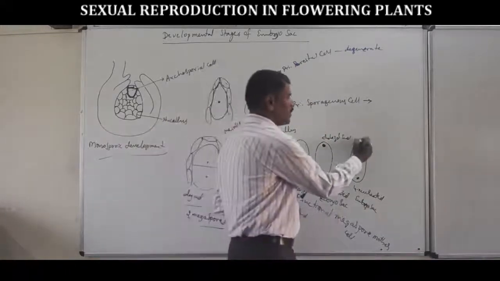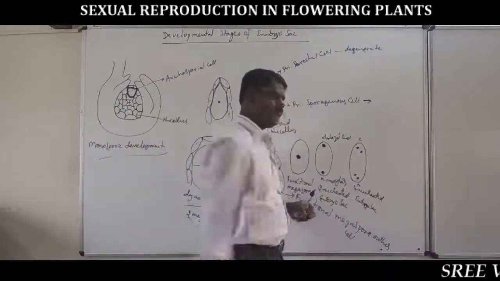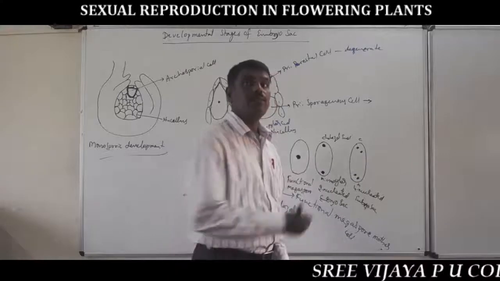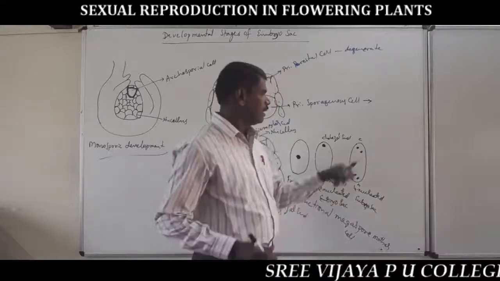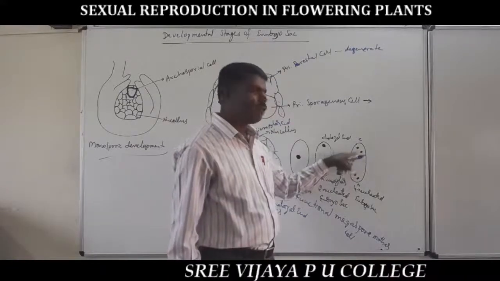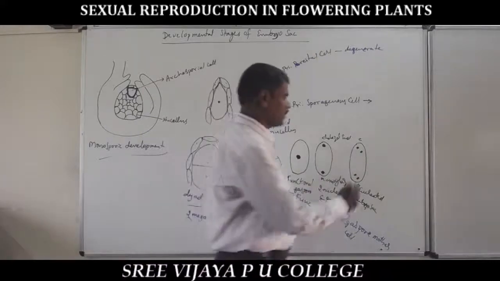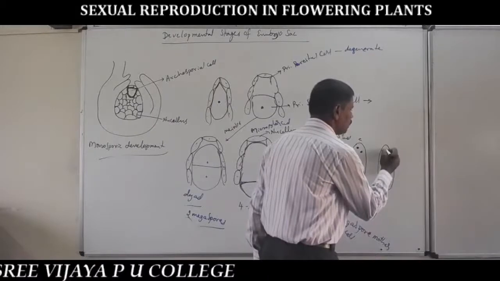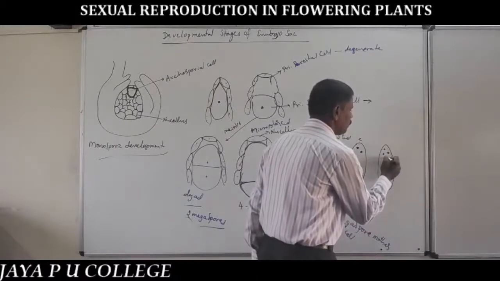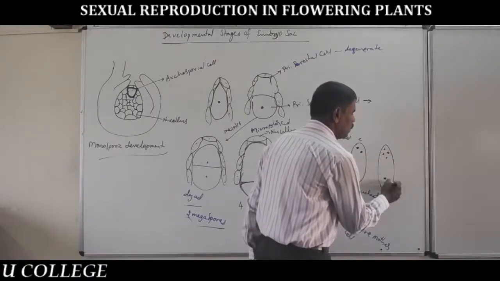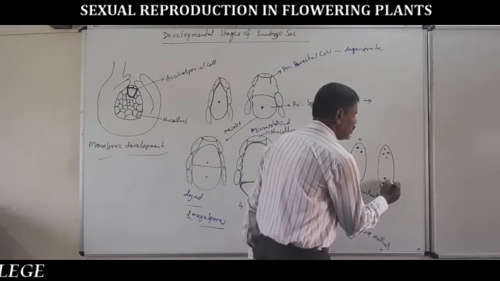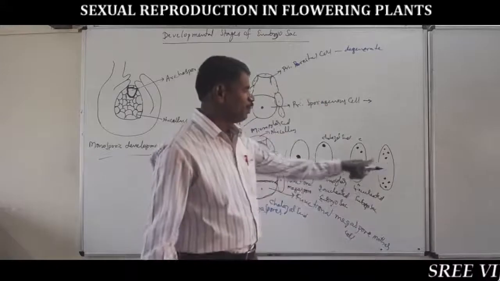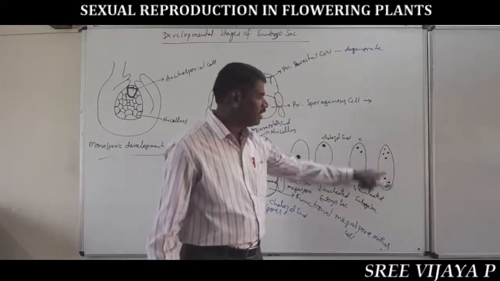Here is the chalazal end and here is the micropylar end. With one more mitotic cell division, the two nuclei present in each of the opposite poles divide mitotically to produce 4 nuclei at each end.